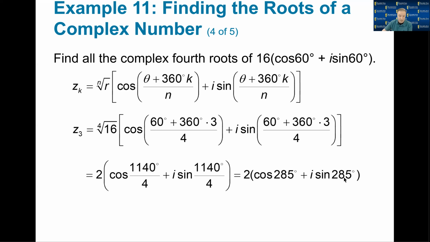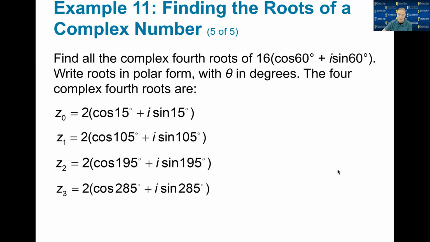Now, each one of these solutions is a complex 4th root of this number. So we can say that for the complex number 16 times the cosine of 60 degrees plus i sine of 60 degrees in polar form, all 4 of these are solutions. So we say the complex 4th roots are 2 times the cosine of 15 plus i sine of 15, 2 times the cosine of 105 plus i sine of 105.